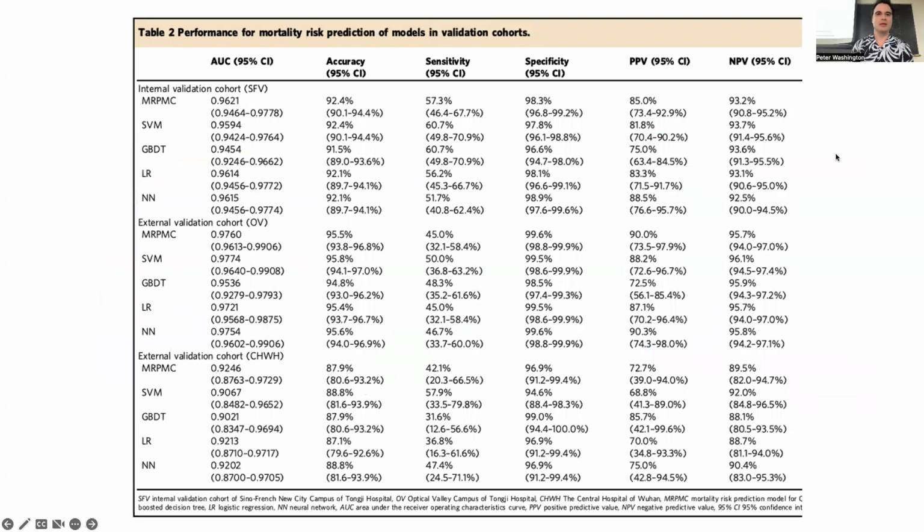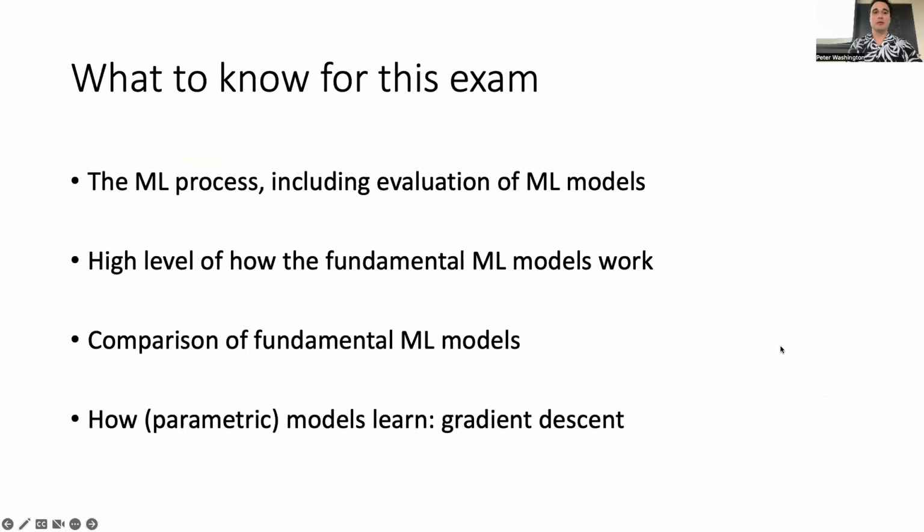They compare a bunch of different models, support vector machines, decision tree, logistic regression, and neural network on different data sets, and compute the accuracy, sensitivity, specificity, positive predictive value, negative predictive value, all metrics that we learned about.